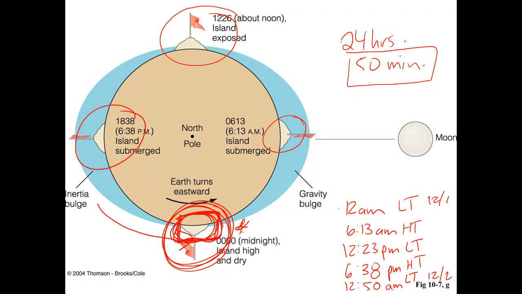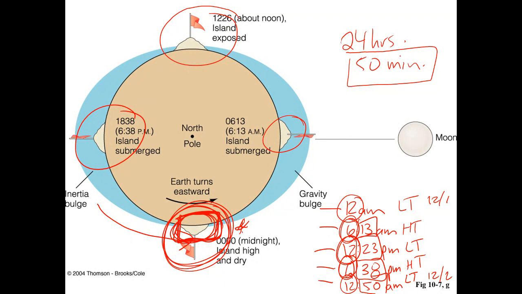You'll notice that as we go from each of the 4 stages, they're separated by roughly 6 hours, 12 to 6, 6 to 12, 12 to 6, 6 to 12. But not exactly only 6 hours. We gained about 12-ish minutes each time because we want to make sure that we're adding a total of 50 extra.